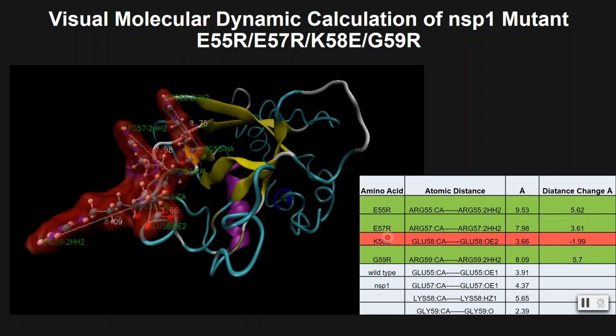However, when the other mutations were made in the same area, so E55R, E57R, or G59R, the lengths are significantly increased.